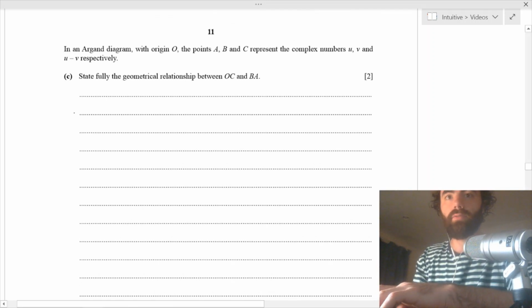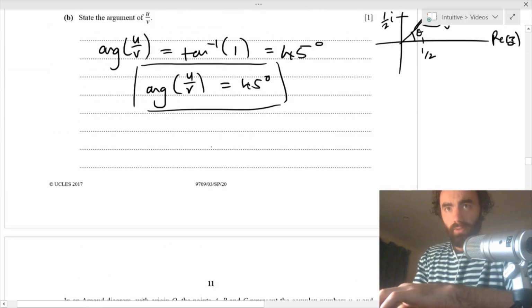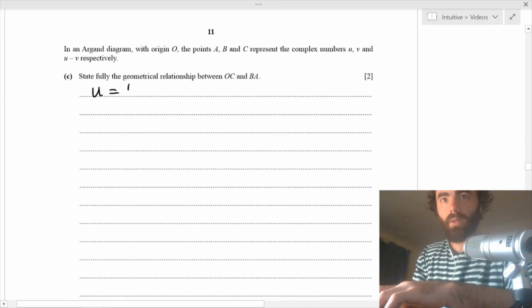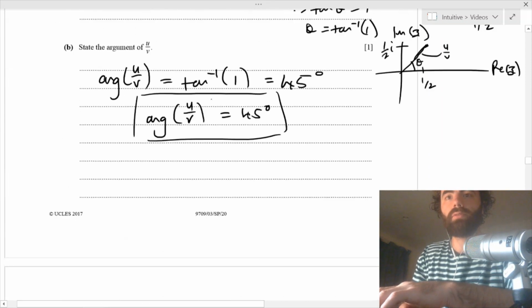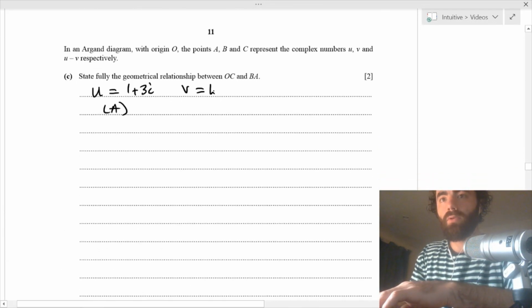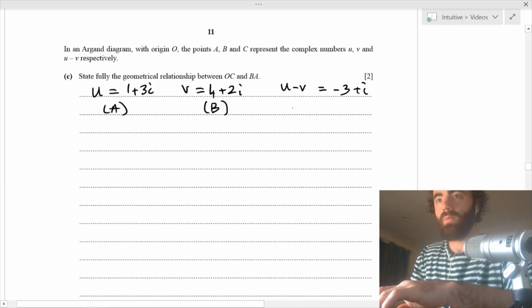Okay, so we have what? u, so just rewrite it. u equals 1 plus 3i, which is our point A. v equals 4 plus 2i, which is our point B. And u minus v, well, that's just this minus this, will be 1 minus 4, which is minus 3, and 3i minus 2i, which is i. So just i. And this is our point C.